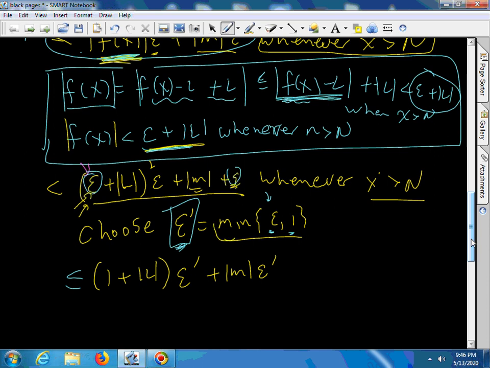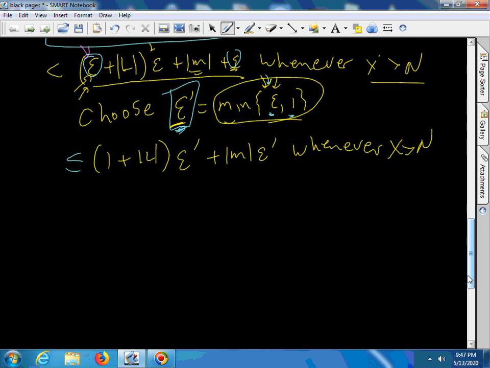The min of those two. If epsilon is less than 1, then epsilon prime is epsilon. This is true whenever x is bigger than n. Now this is equal to epsilon prime, I'm factoring out the epsilon prime. It's this that goes in the brackets plus that.